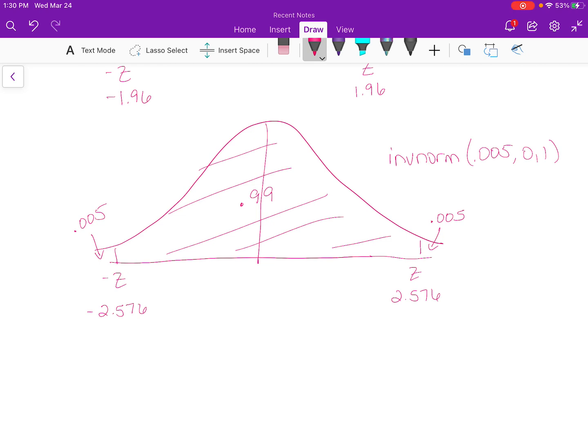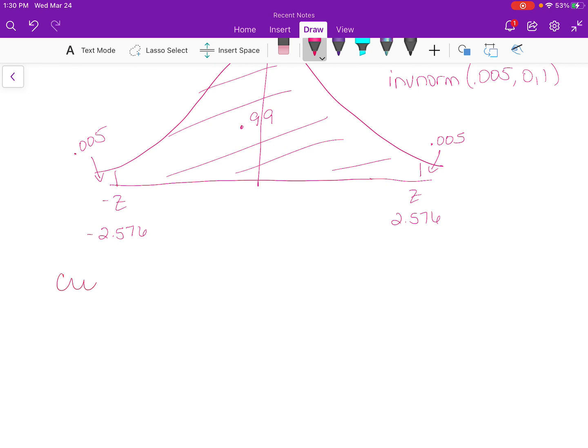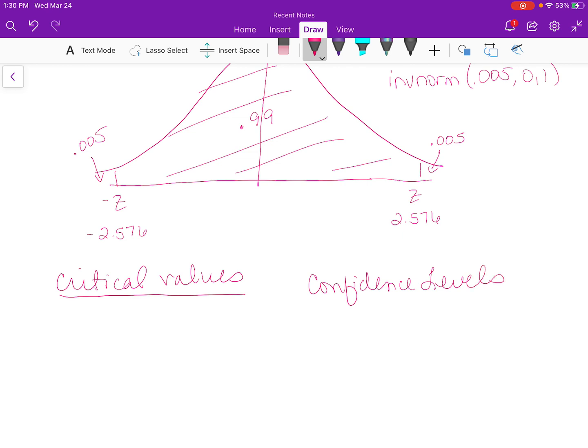So the first thing that I want to point out with all of this is that for specific critical values that are attached to confidence levels, notice that when we did 90% confidence, our z-score was positive and negative, or excuse me, our critical value, because positive and negative is part of the formula, our critical value was 1.645.